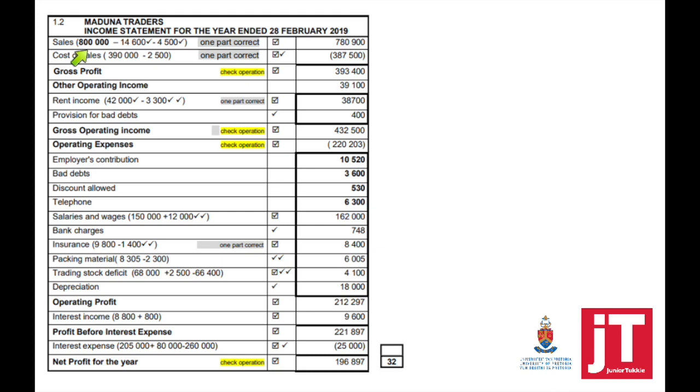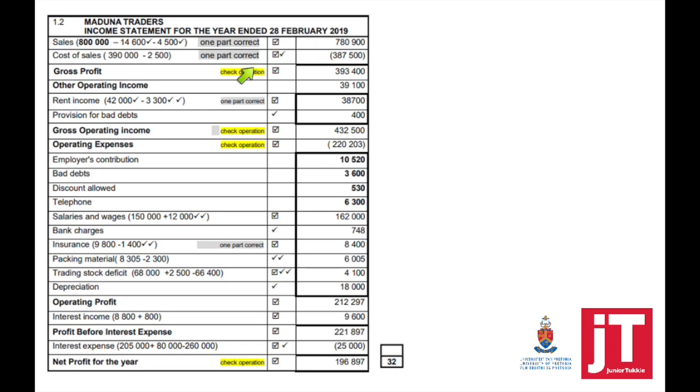Now, when a figure is given to you, that 800,000, it doesn't include the one part must be correct. So this means that you had to have either that 14,600 or that 4,500 correct in order to get that one part.